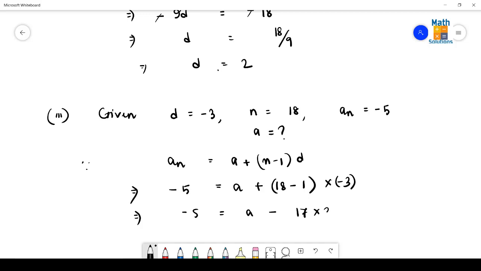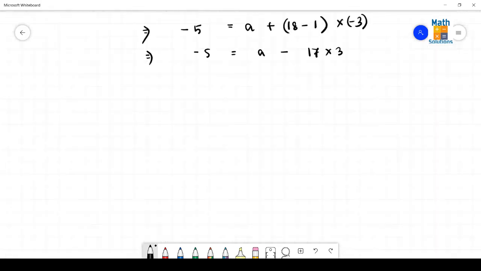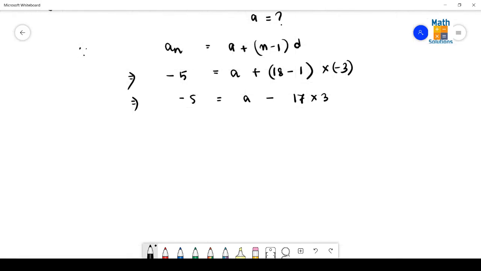This is minus. So after this we shall get -5 is equal to a minus 51. 51 will be going to the other side, or we can do one thing. a is shifted to this side, will come as -a. 5 will be going to the other side, it will go as +5 minus 51.